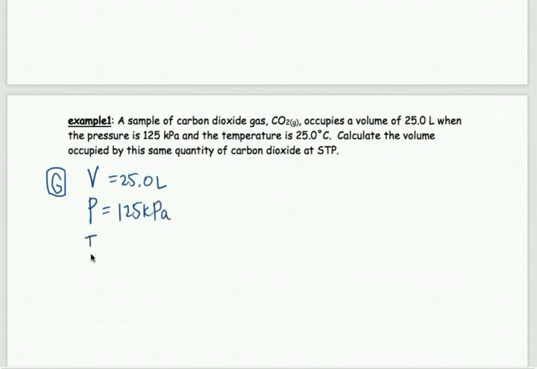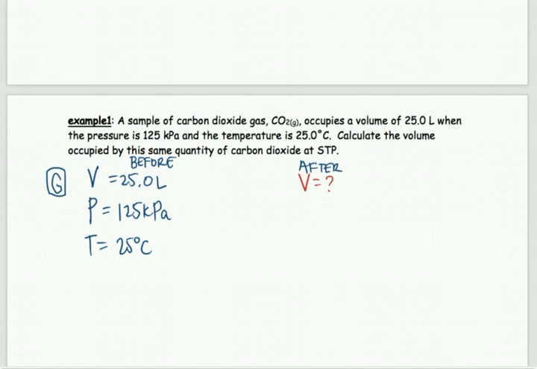And the temperature is 25 degrees Celsius. Okay, so you're going to have a lot of scenarios where this is where you started with the gas. Then you did this to the gas. So this could be like the before. And then now we're going to do something to it after. Okay, so now I want you to calculate the volume.